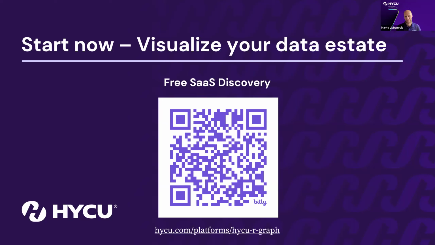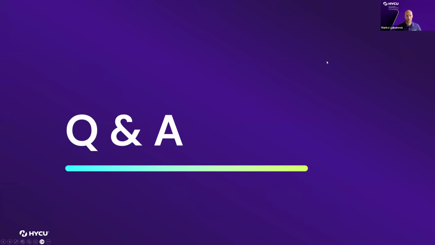So this is the most important part. So please scan and start using rGraph already now. It's, again, very simple to subscribe in a minute, and you can already be discovering your workloads.